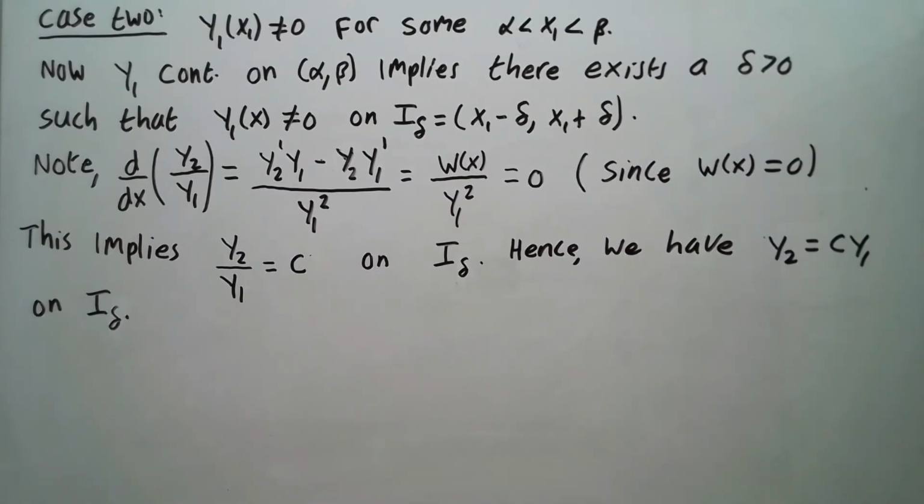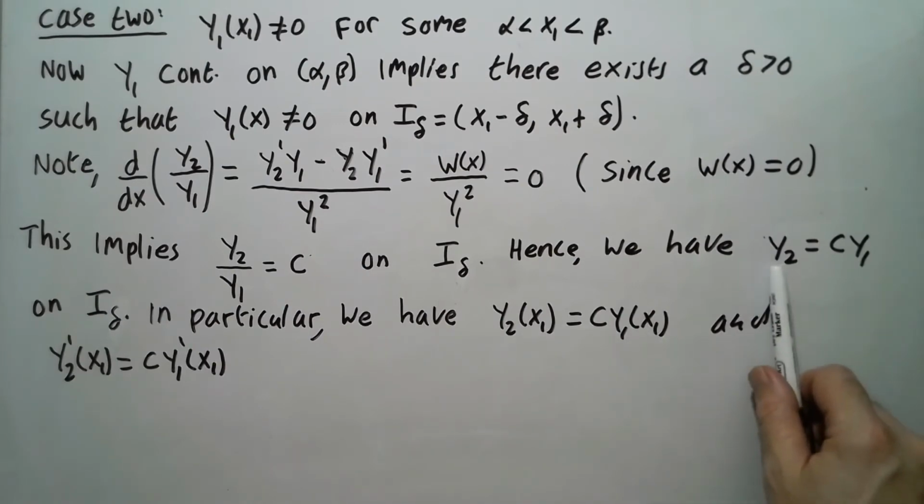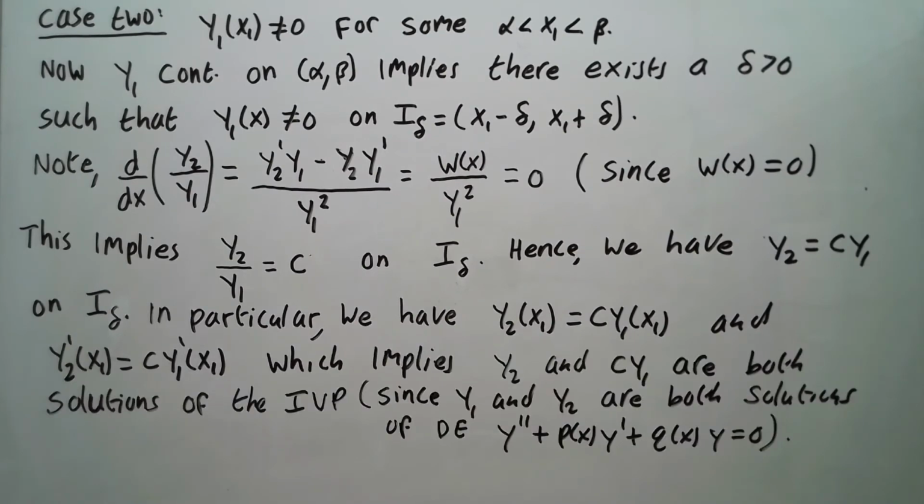In particular, then, we have that y2 of x1 equals c y1 of x1, and if you take the derivative on both sides and then stick in x1, you'd also have y2 prime of x1 equals c y1 prime of x1.